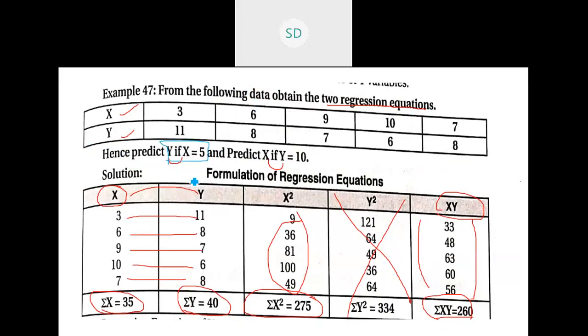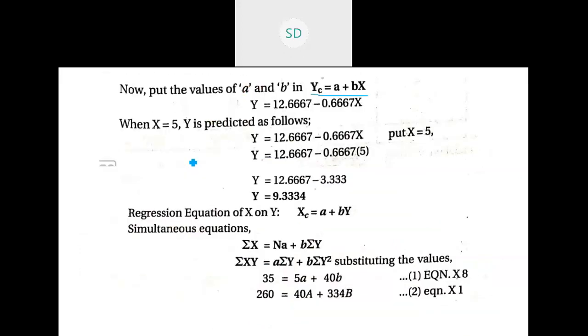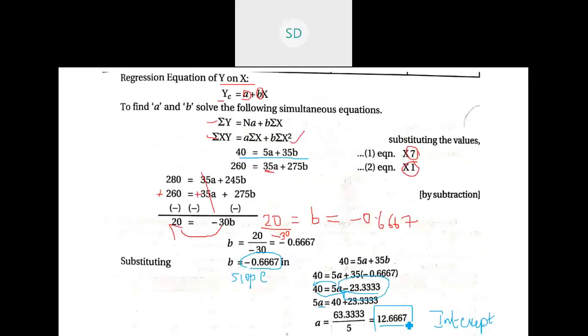The value of x is given as 5. So a is equal to 12.6667, and b is equal to minus 0.6667.